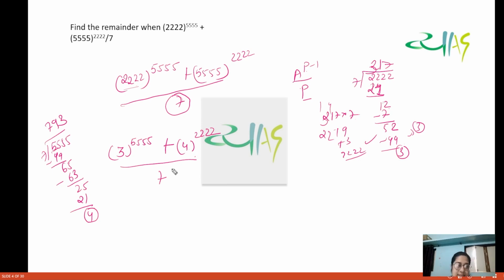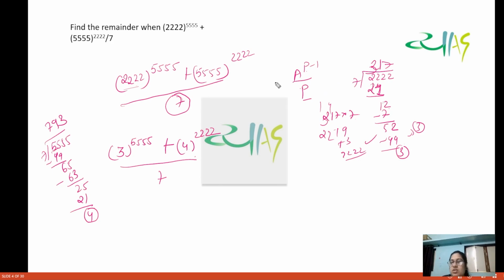Now this is divided by 7. Now what I have to do is make this in the form of a to the power p minus 1 divided by p.